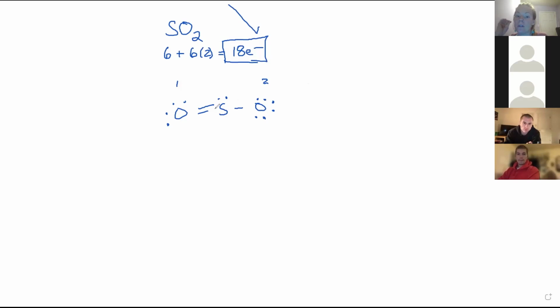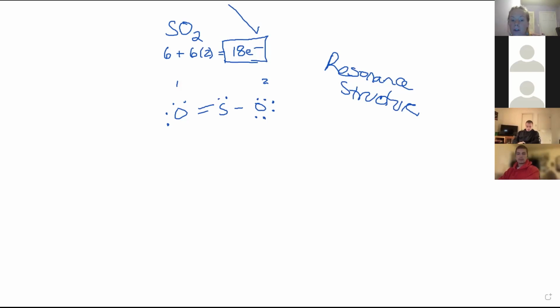So anytime you get to a point where you need to make a double bond, but it doesn't matter which one you make it off of, that's known as a resonance structure. Okay, resonance structure. They have a much neater picture here in the slides. I'll show you guys here. So we've got our SO2, and they made the double bond off the second oxygen.